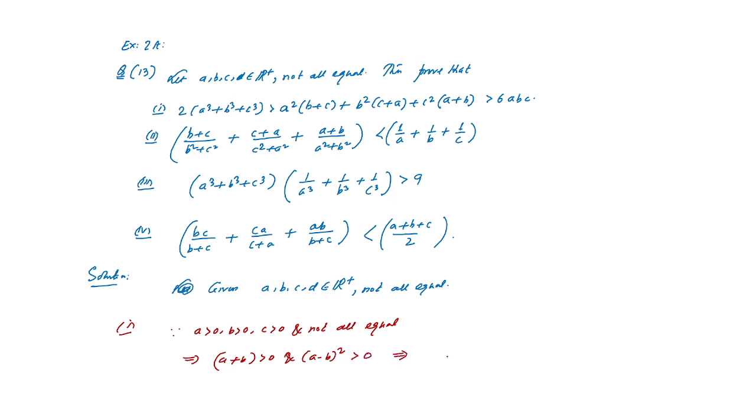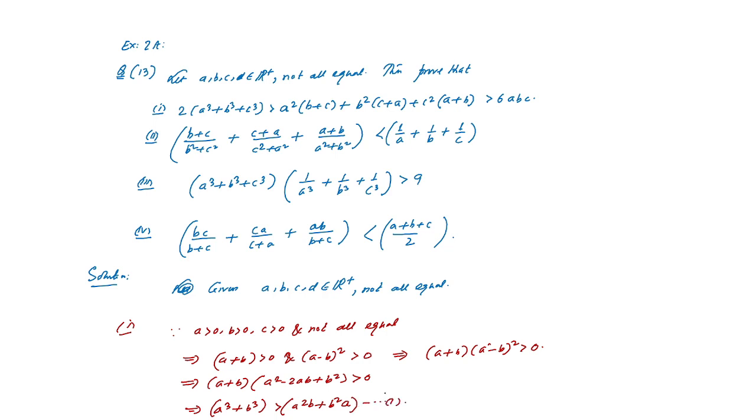From this we can write a plus b multiplied by a minus b whole square is greater than 0. So a plus b into a square minus 2ab plus b square is greater than 0. Just do the multiplication and simplify it, you will get a cube plus b cube greater than a square b plus b square a. So this is 1.